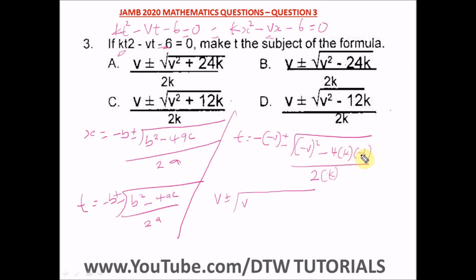So 4 times k times 6 will give us 24k. So we have plus 24k, all in the bracket. 2 times k is 2k. So we have v plus or minus the square root of v squared plus 24k, don't forget our k, over 2k. So this is our T. So we've made t the subject of the formula.